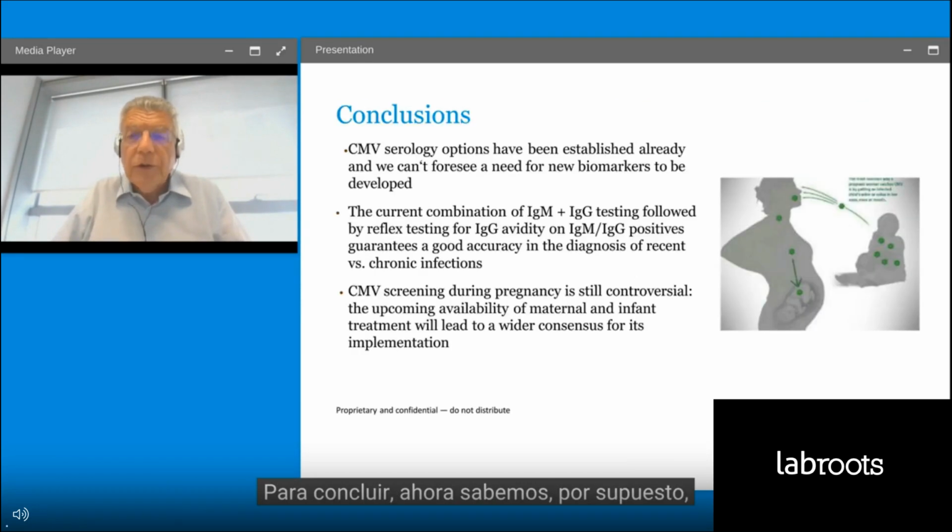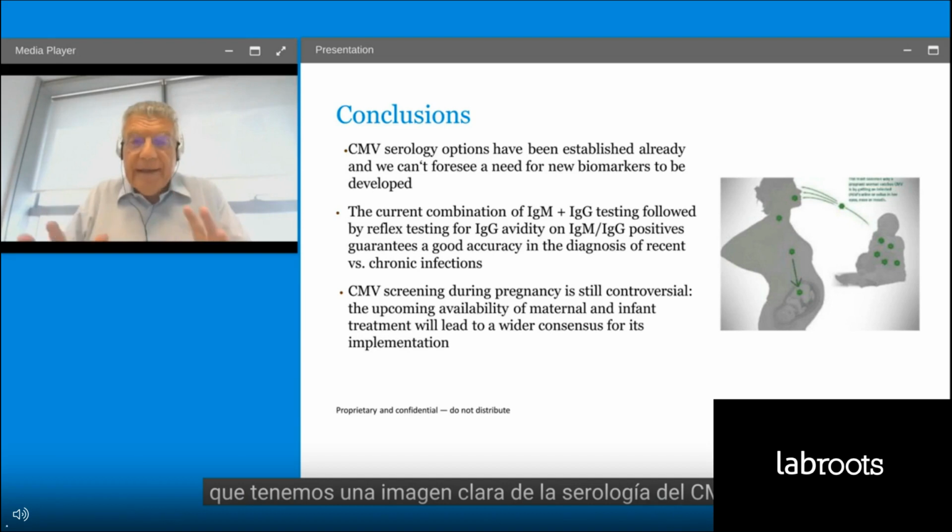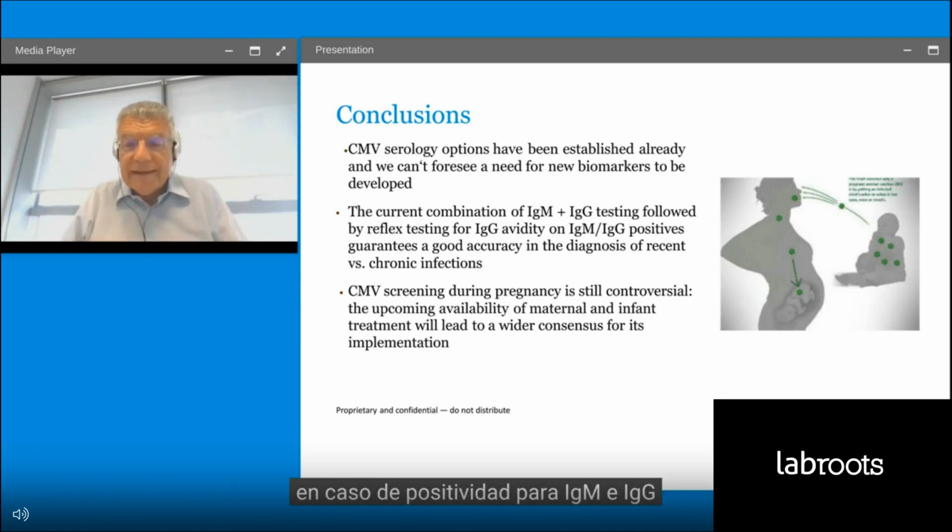So to conclude, we already know, of course, but this is to clarify the issue, that we do have a clear picture of CMV serology, and we can't foresee a need for new biomarkers to be developed, because the current combination of IgM, IgG, and reflex testing for IgG avidity in case of positivity for IgM and IgG will guarantee a good accuracy in the diagnosis and discrimination of recent versus chronic infection.